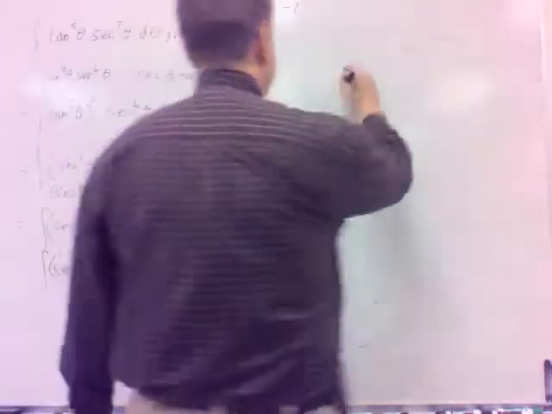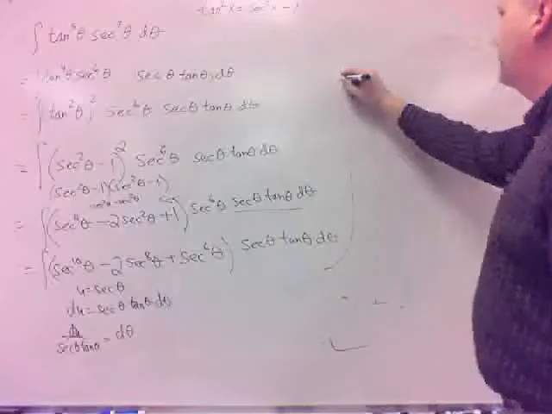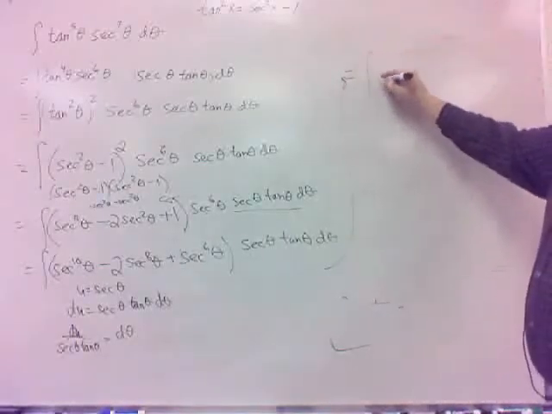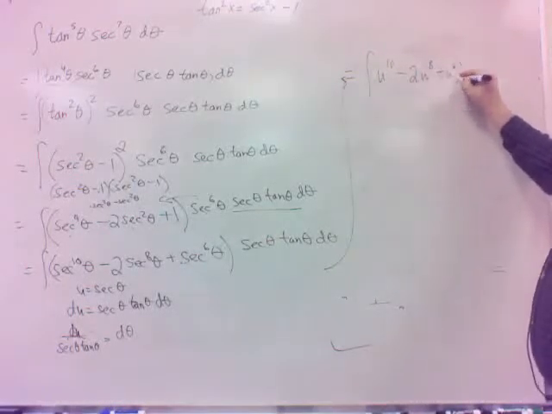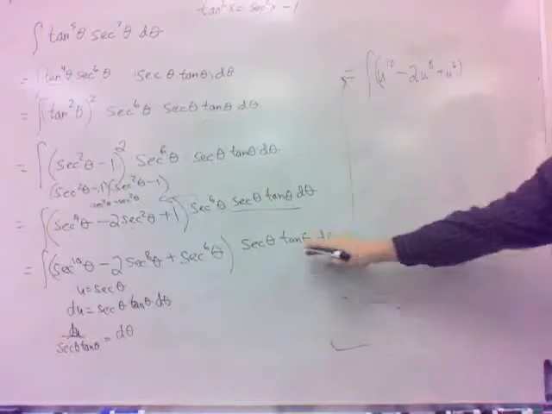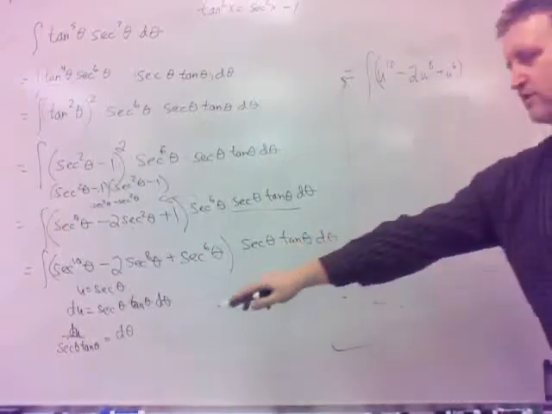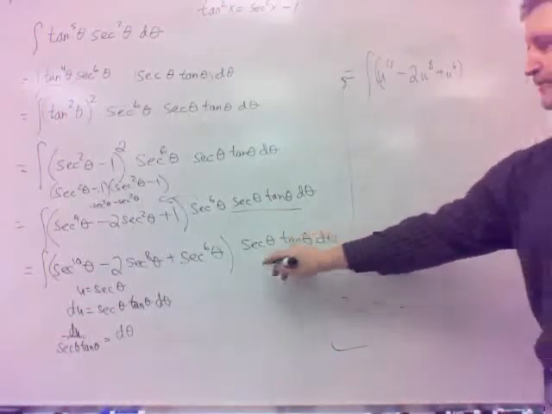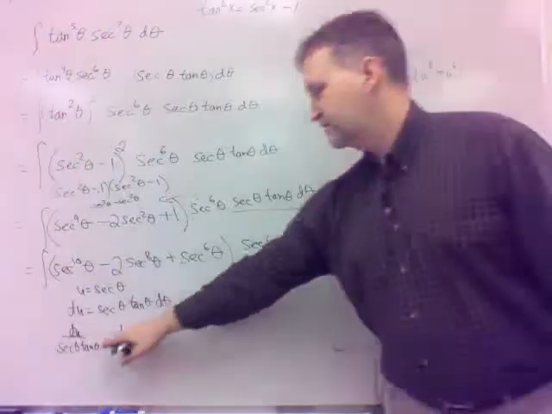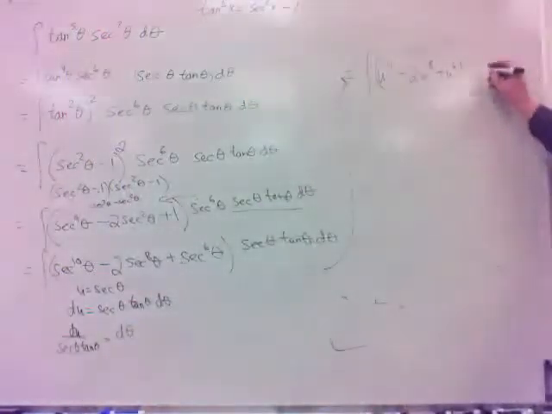All right, so that would give me then what? u to the 10th minus 2u to the 8th plus u to the 6th, times secant theta tangent theta d theta, but d theta is du over secant tangent, so aren't those going to cancel? The secant tangents are going to cancel with that, so it's just du here, isn't it?